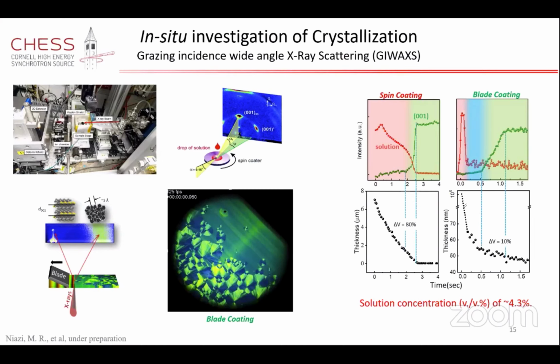While in case of blade coating, we observe that the onset of nucleation happens when the concentration is approximately close to 90%.